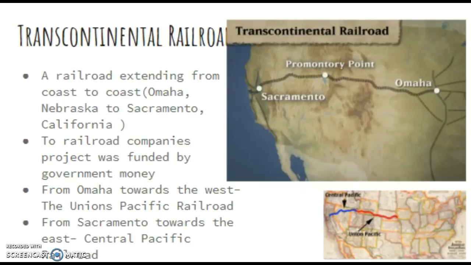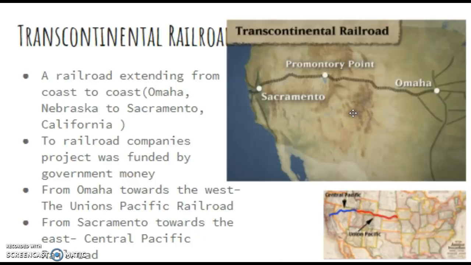Because private investors didn't see the profit from building a railroad that extended coast to coast, the government stepped in to fund the project. Congress believed that a railroad would strengthen the country's economic infrastructure. Most of the workers were immigrants, and the railroad was built in 7 years, finished in May 1869.